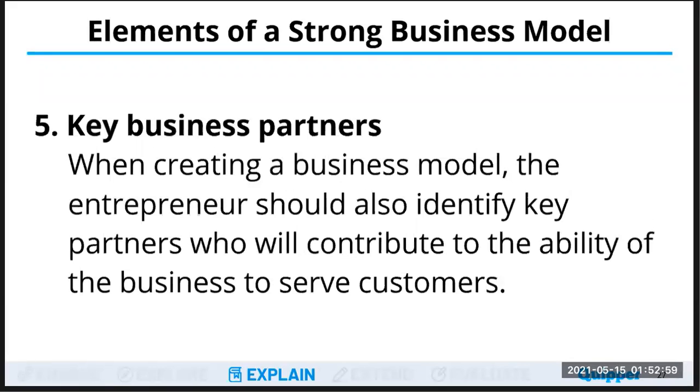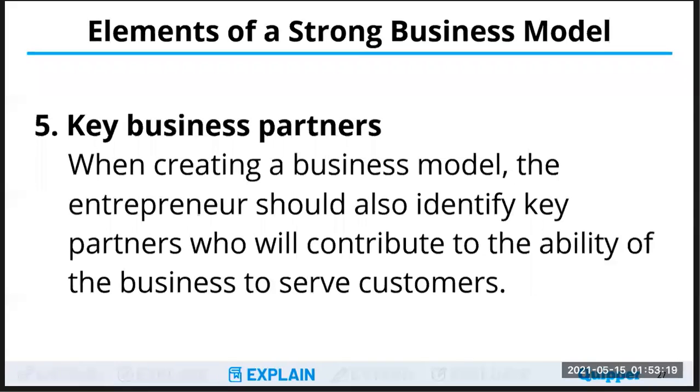Key business partners. When creating a business model, the entrepreneur should also identify key partners who will contribute to the ability of the business to serve the customer. So yun, isa sa mga key business partners natin ay yung mga employees din natin, no? Yung mga katulong natin sa business natin.